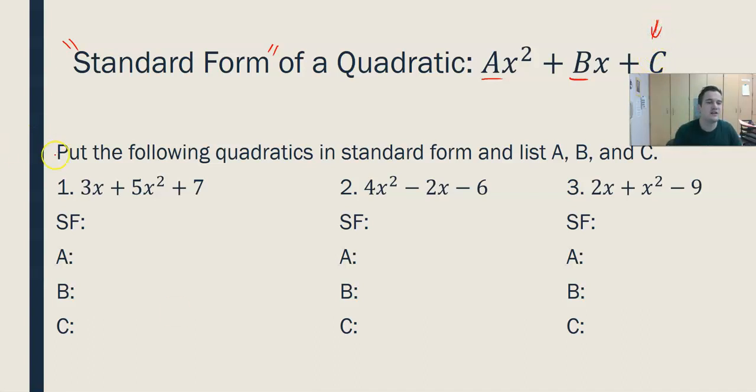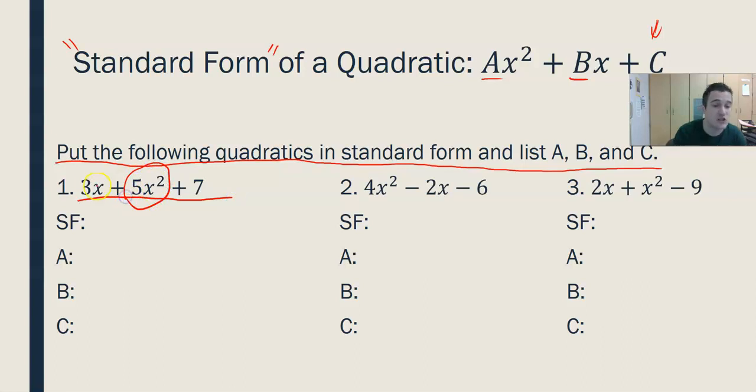So the instructions here, and again, if you haven't already printed off the guided notes or have them available to look at, this is all in your guided notes for you to follow along. It says, put the following quadratics in standard form and list a, b, and c. Again, standard form is going from the biggest exponent to the smallest exponent. So right here, for example, this is the term with the largest exponent, so I'm going to write that one first.